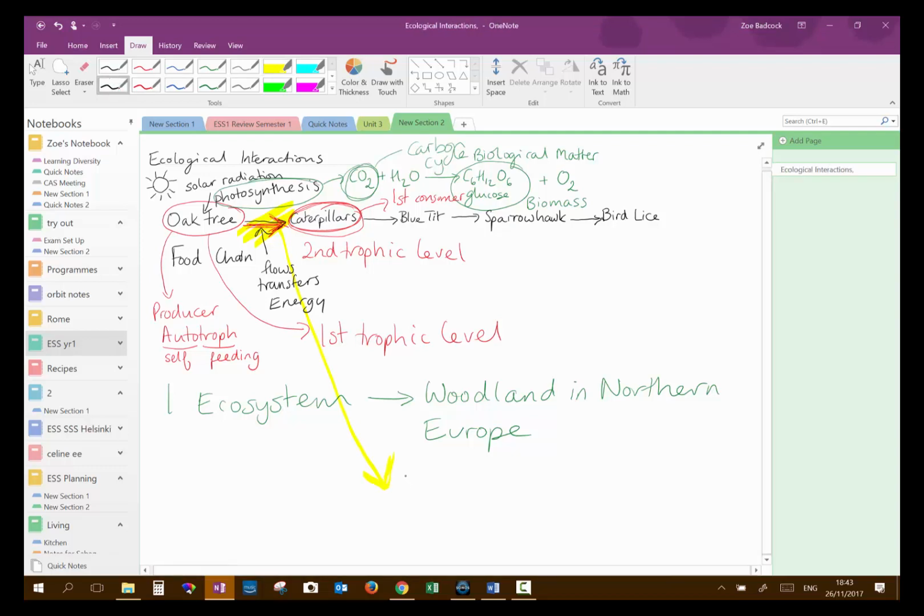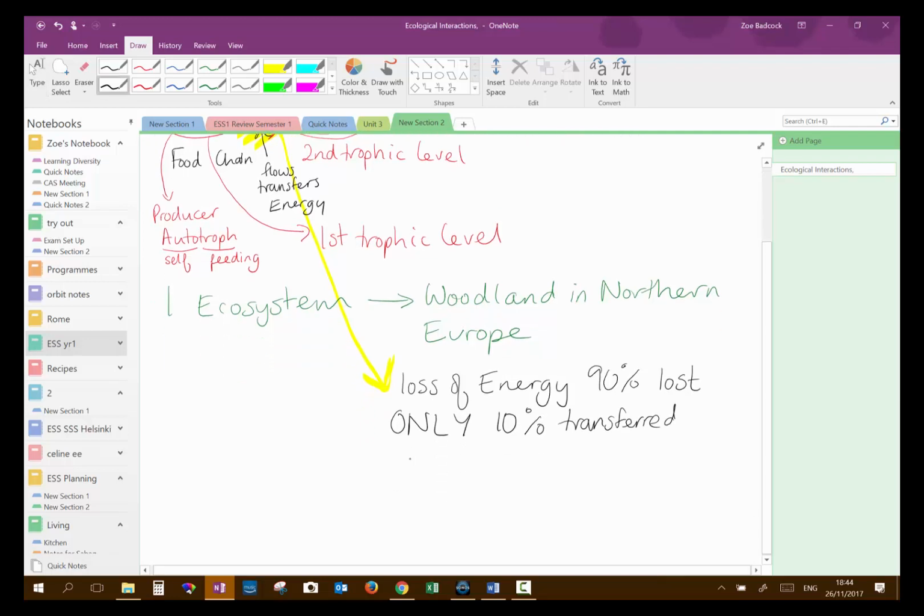So there's a loss of energy when the energy moves from the first trophic level to the second trophic level. In fact, 90% of the energy is lost, and only 10% is transferred. And we can remember this because we call it the rule of 10.